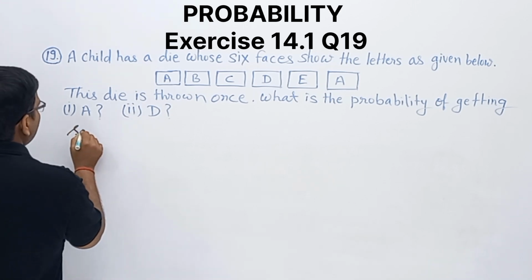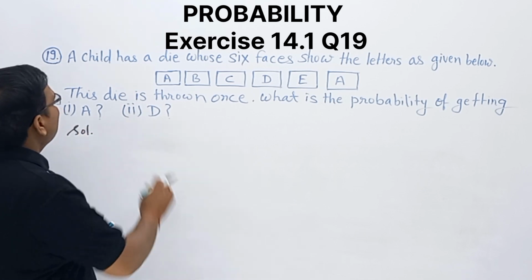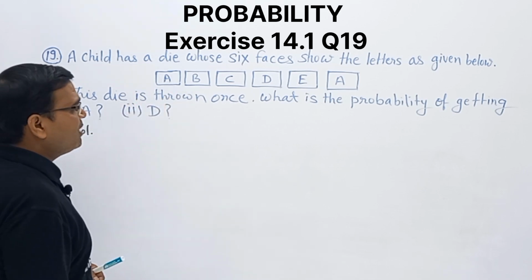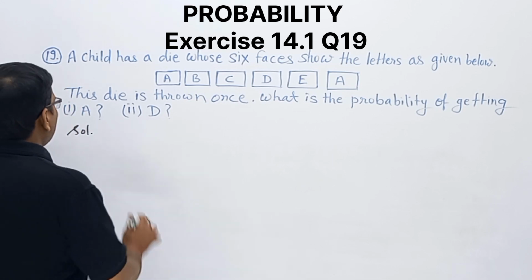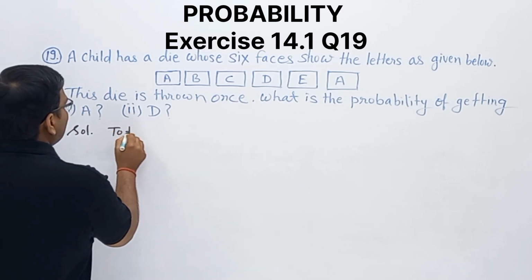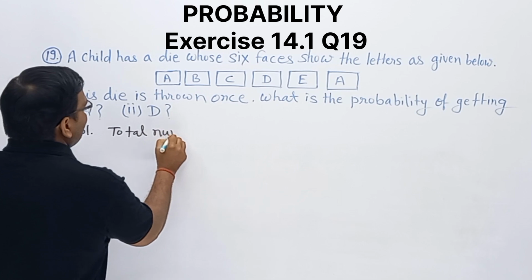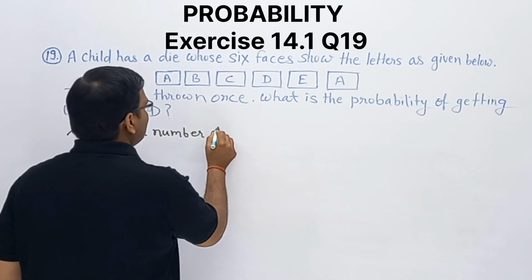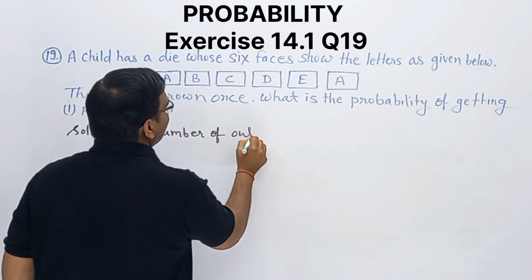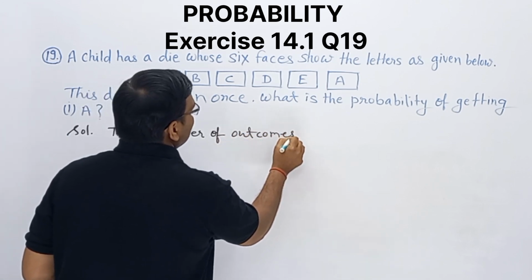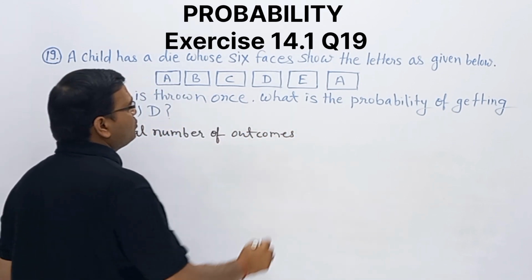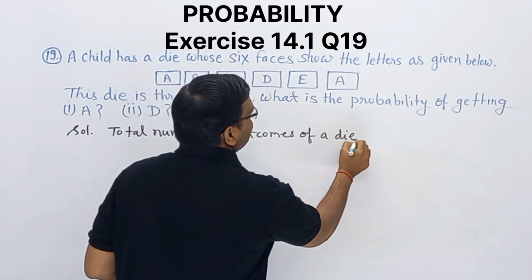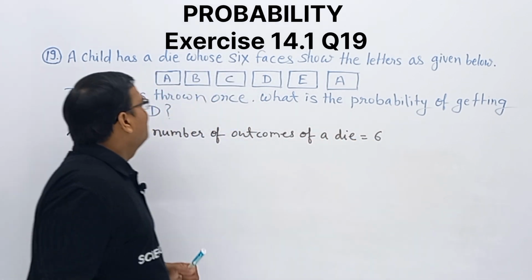What about its solution? Once we throw a die, total possible outcomes, or we can say the total number of outcomes of a die, is equal to 6.